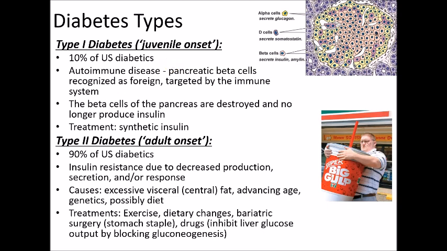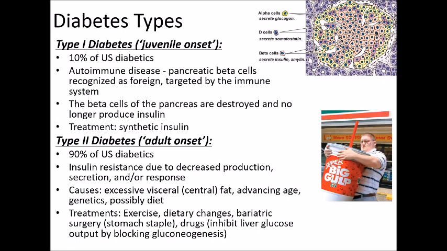It makes up about 10% of the diabetics in the United States, and nowadays it's considered an autoimmune disease. An autoimmune disease is when the body does not recognize a particular aspect of the body as being itself, so it considers it foreign, and it's targeted by the immune system and then attacked.